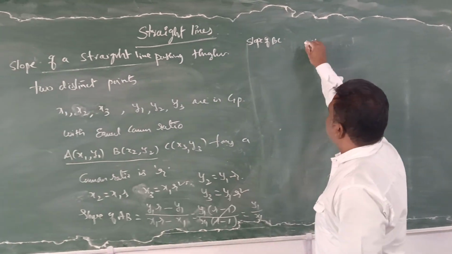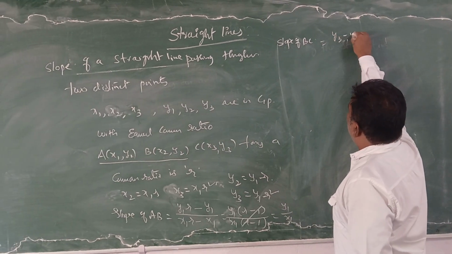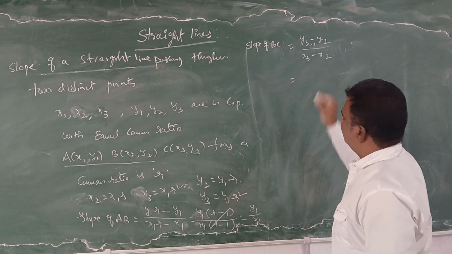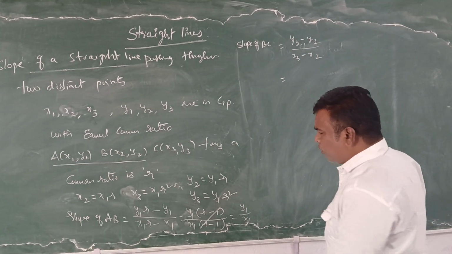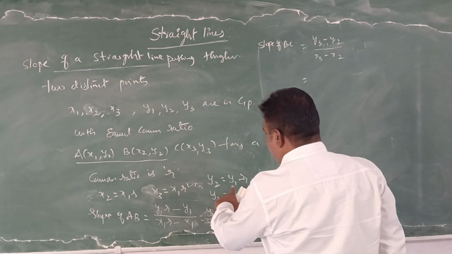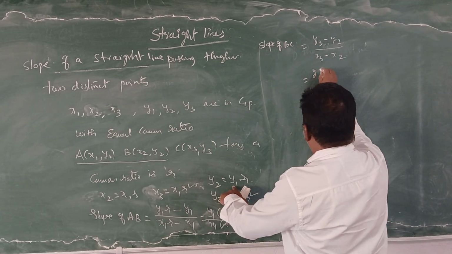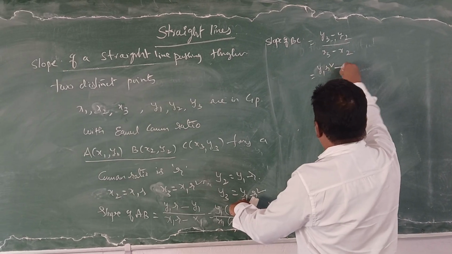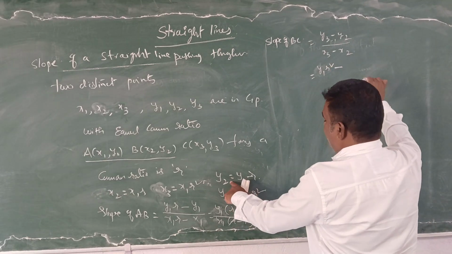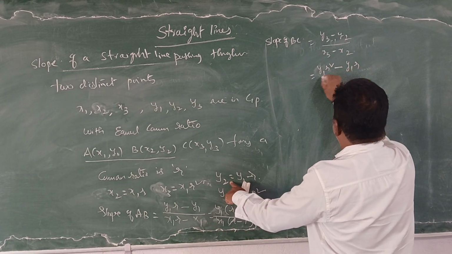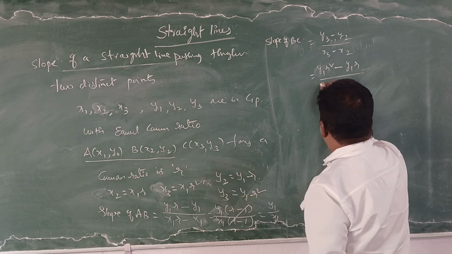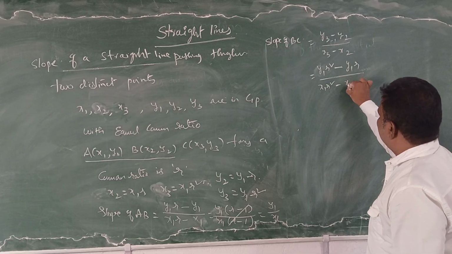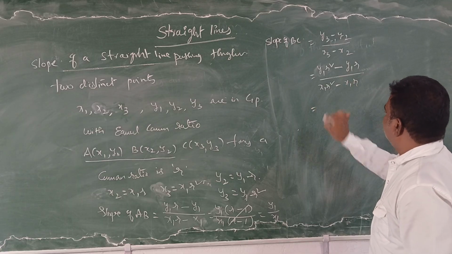What is the slope of BC actually? y3 minus y2 by x3 minus x2. y3 here is y1 r square minus y2 means y1r, by x3 means x1 r square minus x2 means x1r.